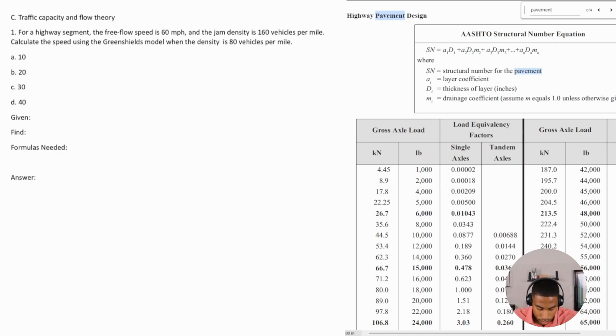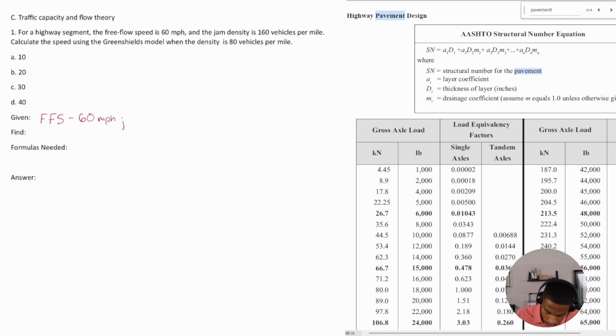All right, so we want to start by looking at what we're given. We know the free flow speed is 60 miles per hour.